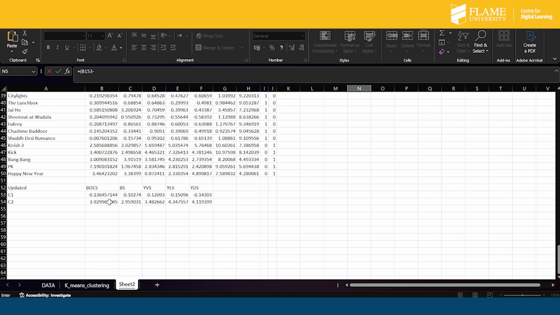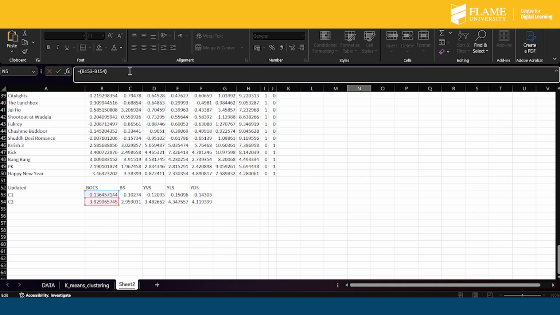So minus this, take a square, plus again this minus this, take a square, plus this minus this square, plus again this minus this square, plus this minus this.